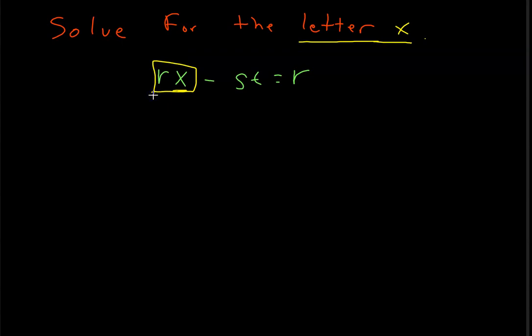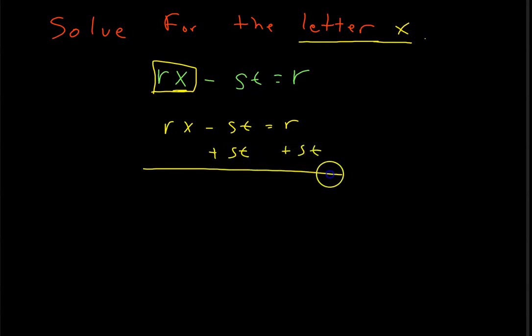So if I'm going to isolate that part first, I'm going to rewrite the problem. Rx subtract st equals r. I'm going to add away the st. So now I have Rx equals r plus st. So we're going to solve that for x.